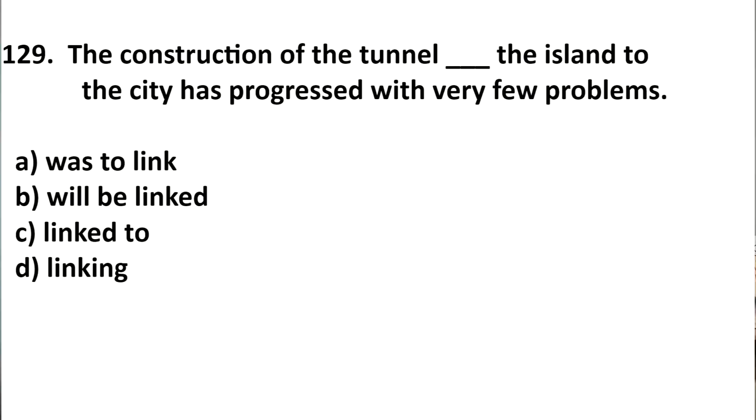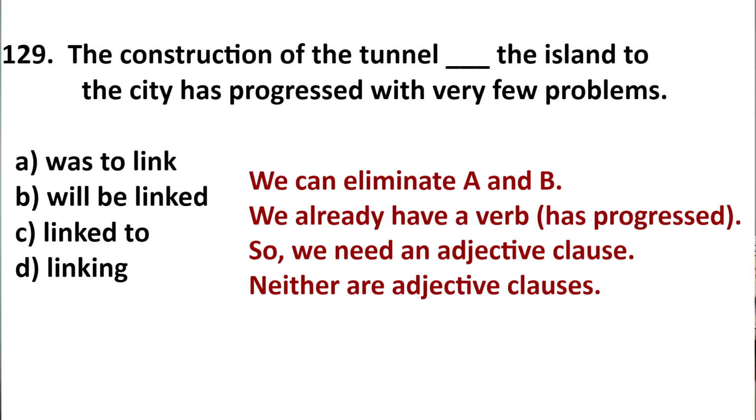If we look at A and B, we know these are definitely wrong because they are not reduced adjective clauses and they're not full adjective clauses. In this sentence, the subject is the construction of the tunnel and the main verb is has progressed. So I need an adjective clause to describe either the construction or the tunnel. A and B are not adjective clauses.